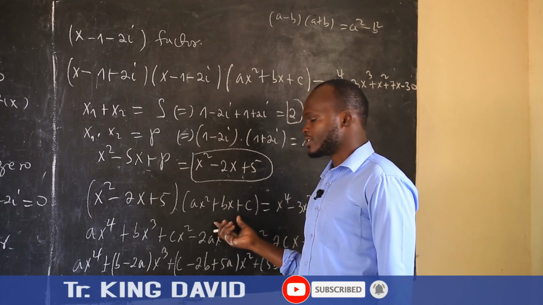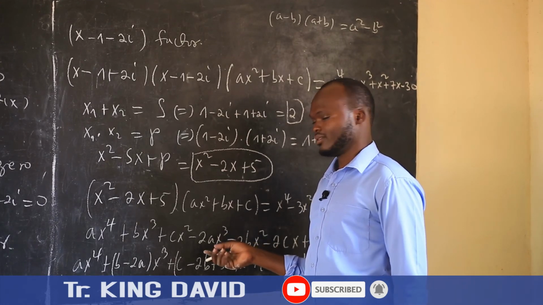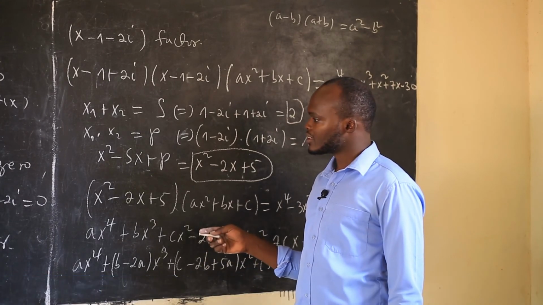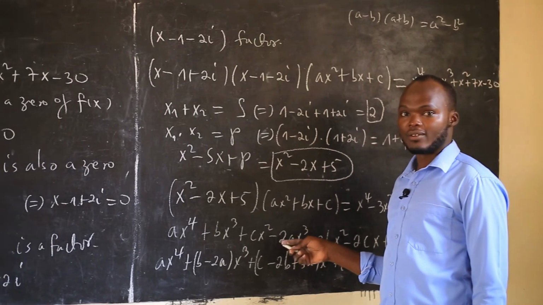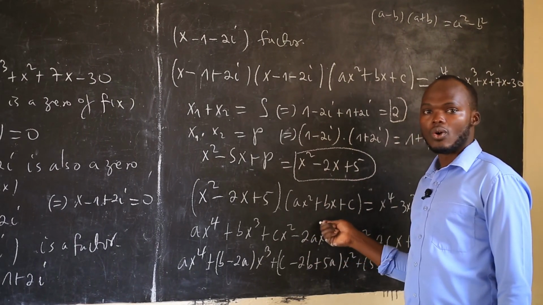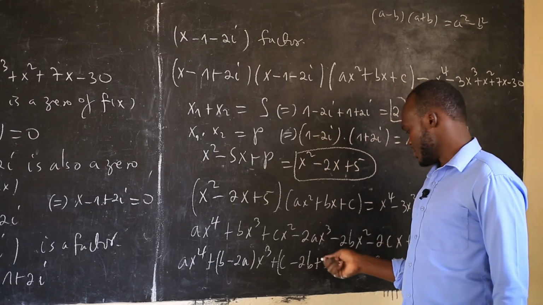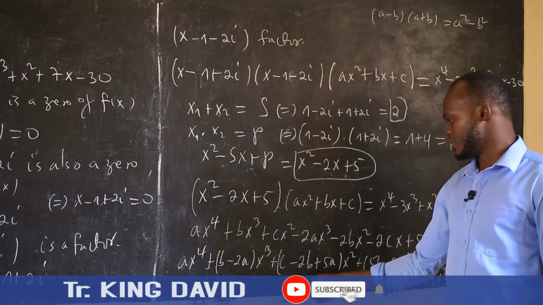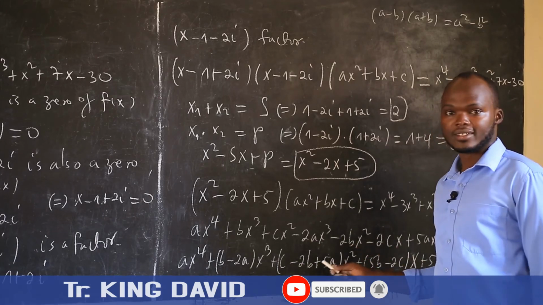So this quadratic equation will give me the other two roots. Because now I have two roots, 1 plus 2i and 1 minus 2i, I'm looking for the other two roots so as to get all 4 roots. So let's continue to see how you can get a, b, and c.